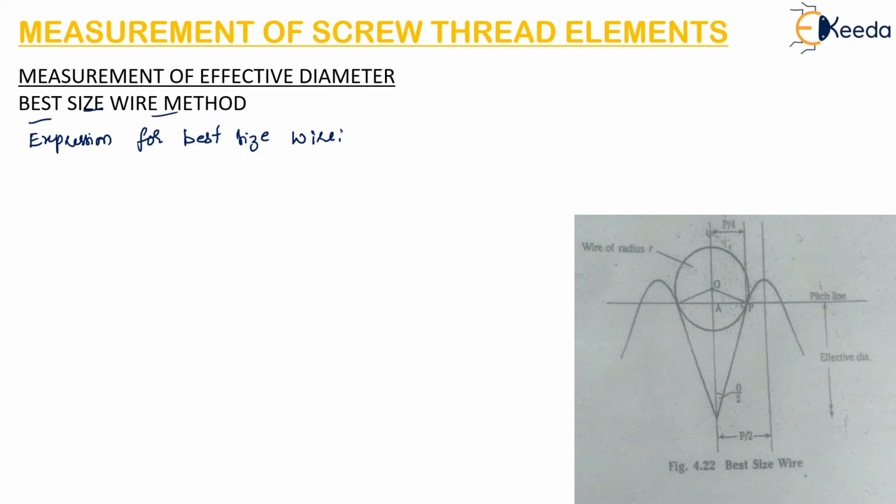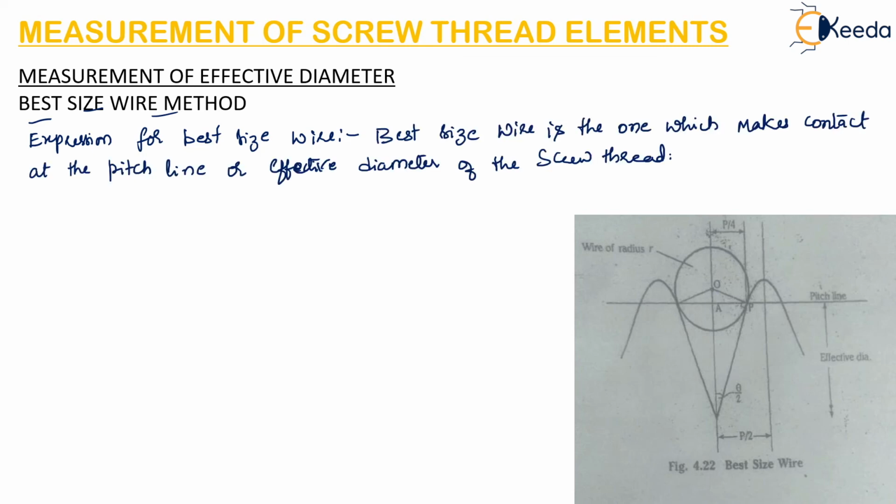In other words, in this figure, we can say for the best size wire, OP is perpendicular to the flank position of the thread. So if this is the flank position of the thread, then this OP must be perpendicular to it, that is, it must be at 90 degrees.